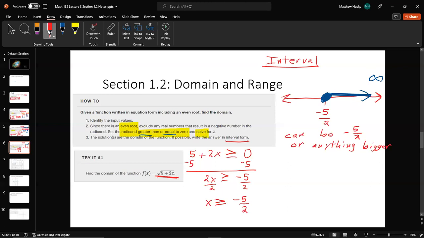Now, how do you write this as an interval? Here's something we haven't seen yet. Before, I was always using parentheses when writing an interval. With an interval, you use parentheses for when you get close but never arrive at a value.